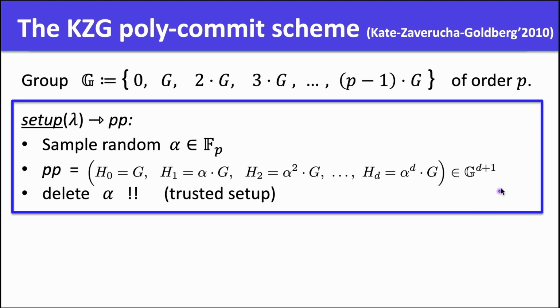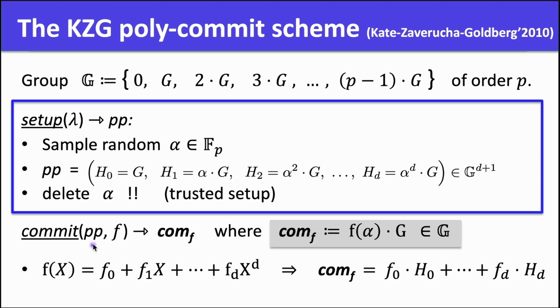We generate this tuple of elements. So now let's see how the prover will commit to a particular polynomial of degree d. All we'll do is take the polynomial that we want to commit to and evaluate it at the point alpha. So f of alpha is an element in the finite field. We multiply that by g, and that will give us a group element, and that's going to be our commitment. So our commitment is a single element in the group that we chose.